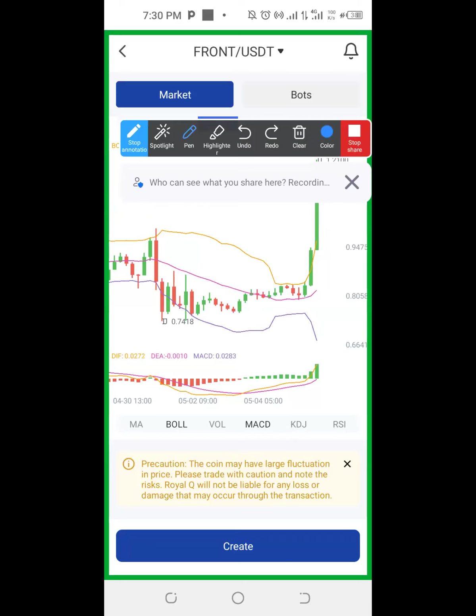It has red bars. It has green bars. And it has 2 lines that move together up and down. You see one here, you see another one. The one on top is purple in color, and the other is yellow.